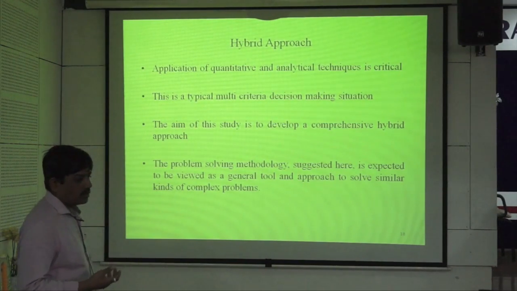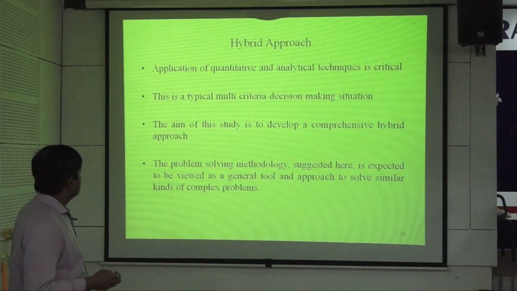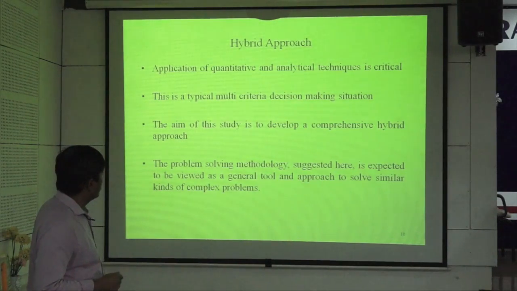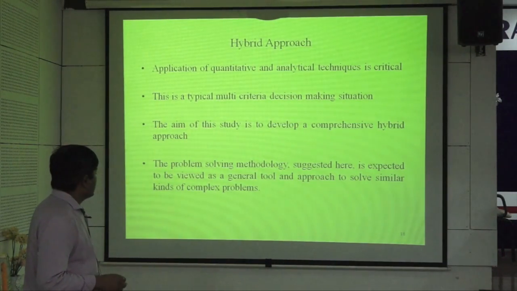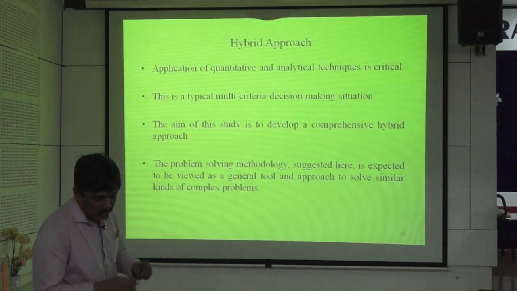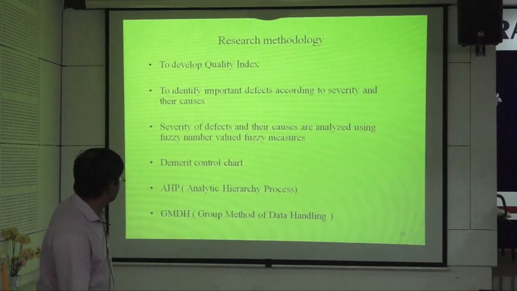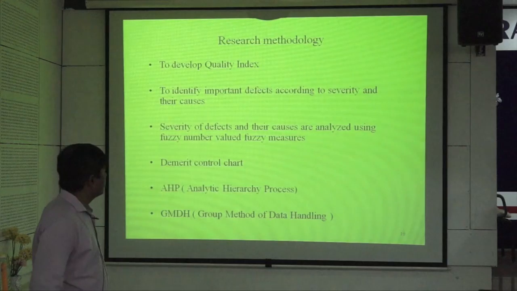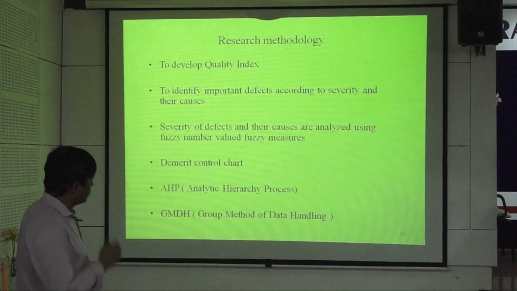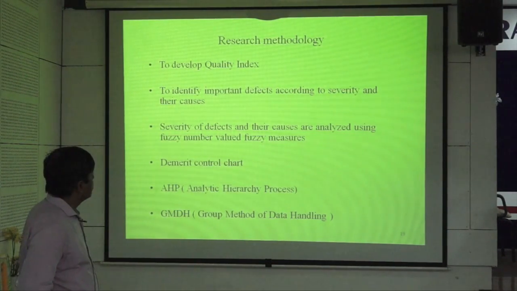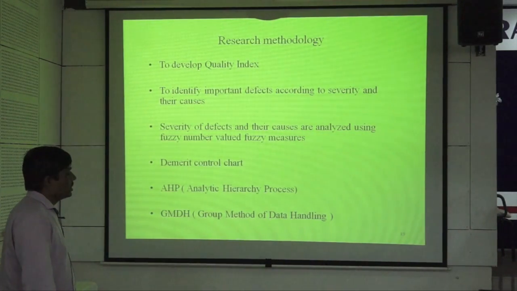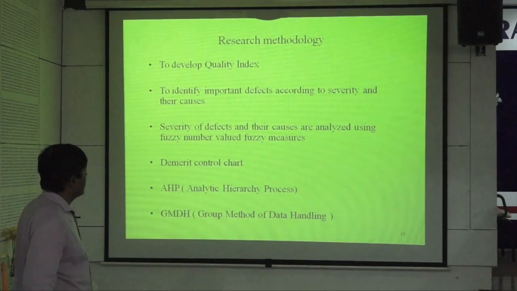So our aim was to develop a comprehensive hybrid approach. This methodology is expected to be a general tooling approach to solve similar kinds of problems. So this was our methodology. First, to develop a measure of performance. Then to rank the defects according to their severity.